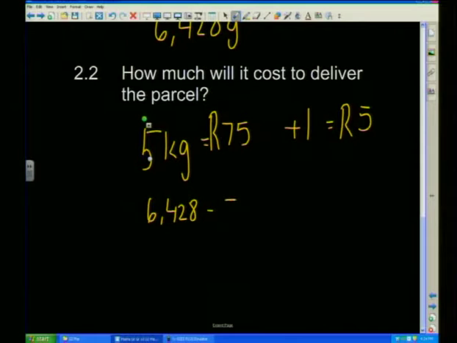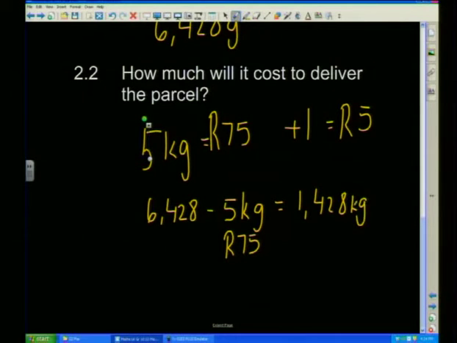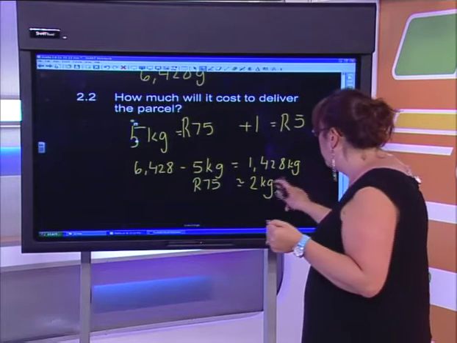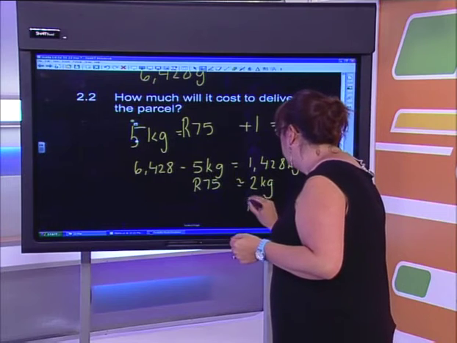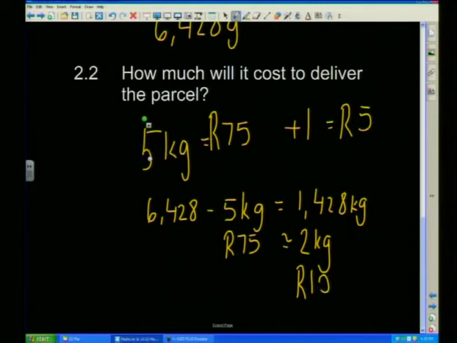We're first going to take away the 5 kilograms because that's my 75 Rand. I'm going to be left with 1,428 kilograms. Now, to charge this, I'm going to actually have to make that into 2 kilograms because I'm paying 5 Rand per kilogram. And 2 kilograms is an additional 5 Rand each, so that's another 10 Rand.